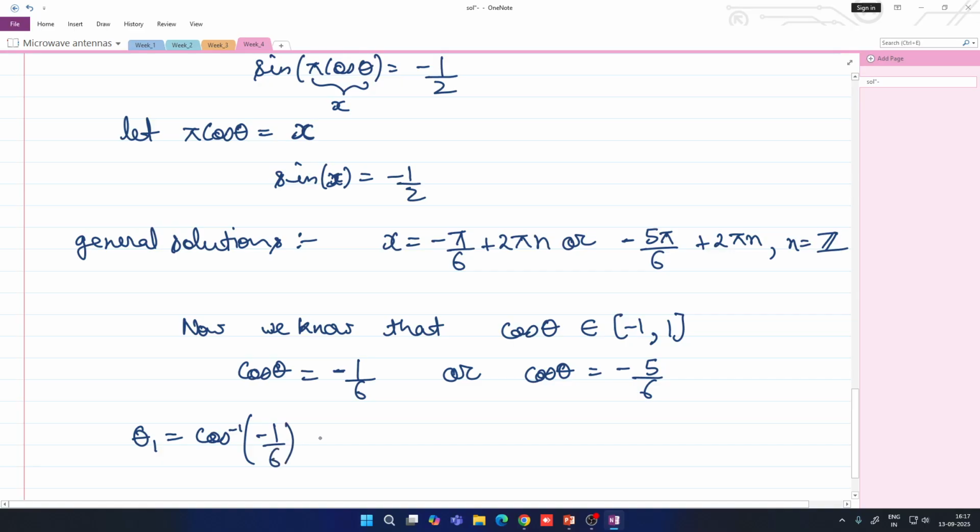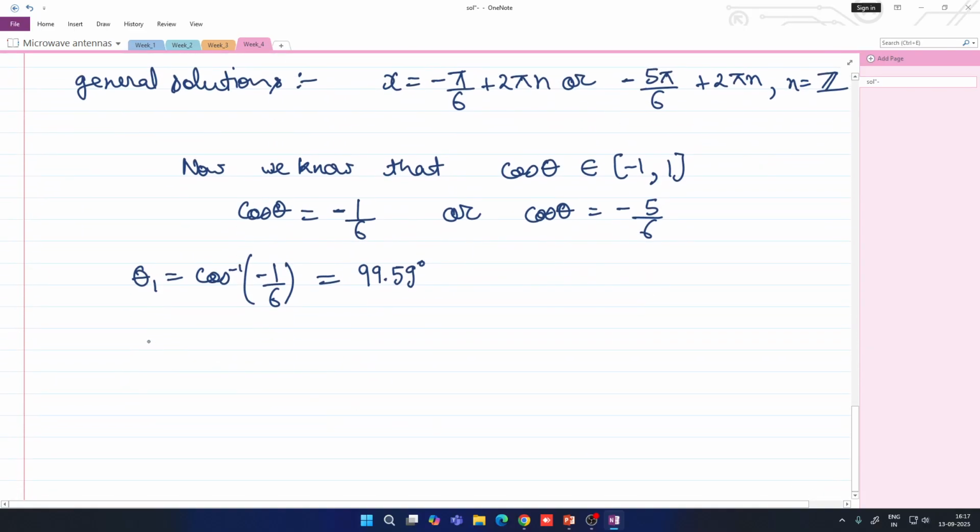minus 1/6, and when we calculate this we will get 99.59 degrees. Next, theta 2 will be cos inverse minus 5/6, which is equal to 146.4 degrees.